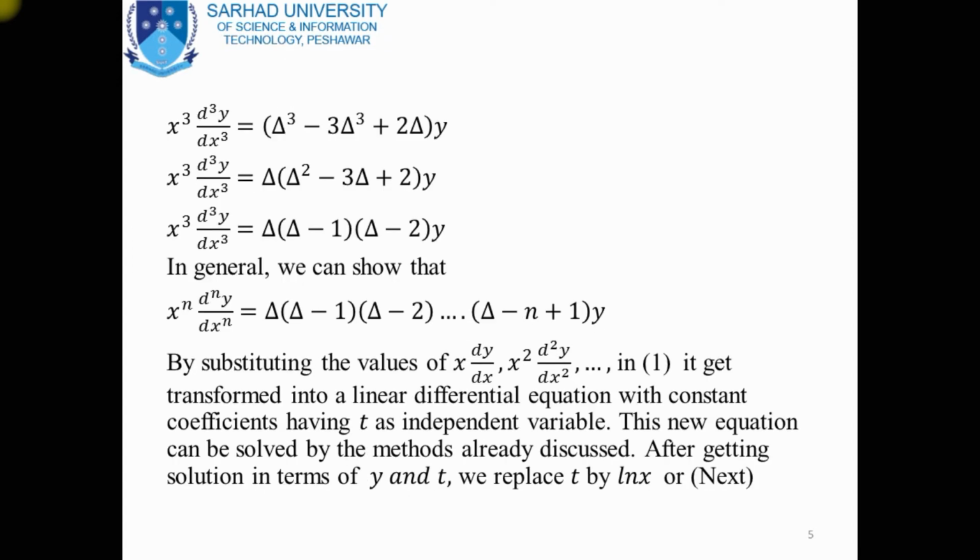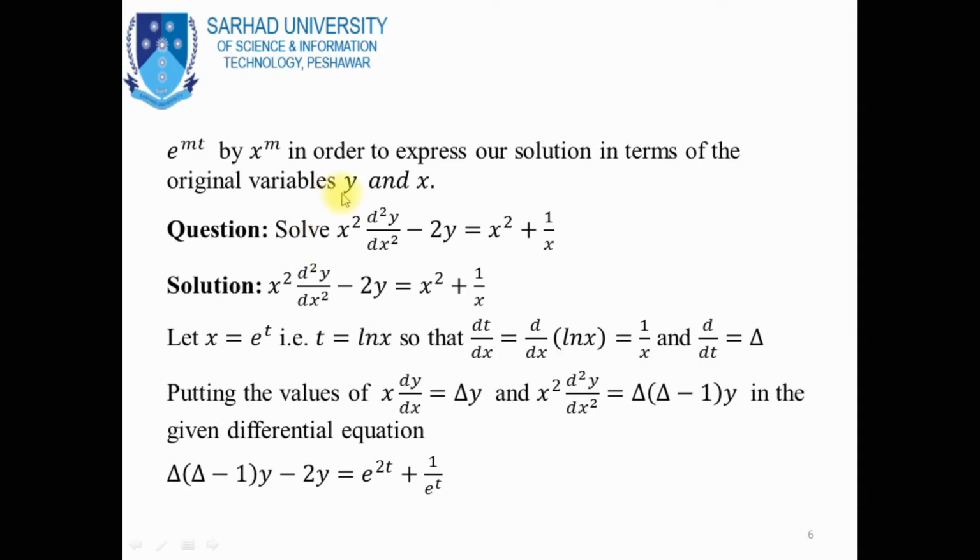In that solution, we replace the supposition t by log x and e power mt by x power m in order to express our solution in terms of the original variables.